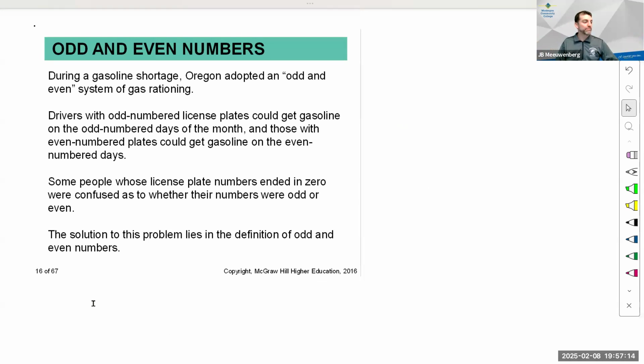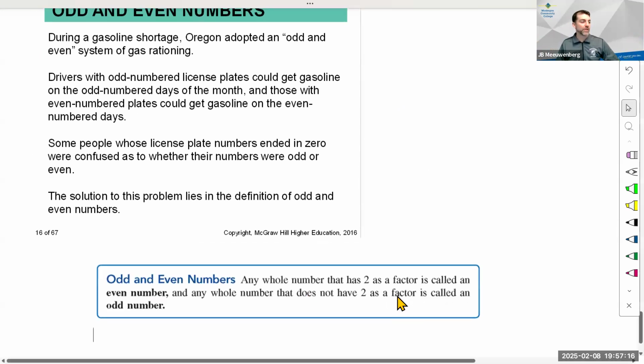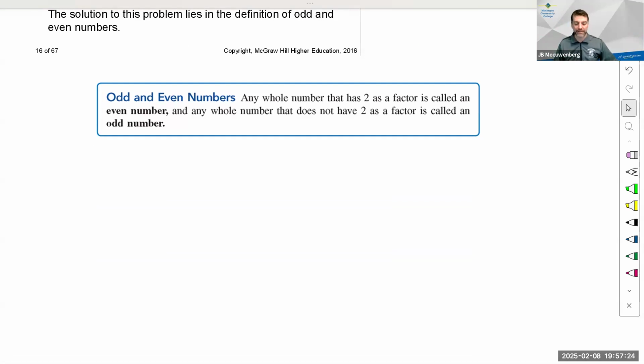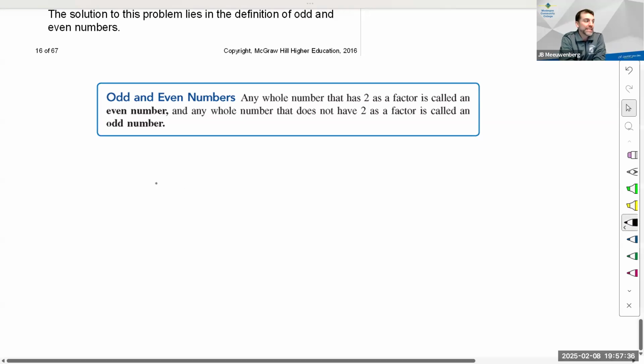So I'm going to share with you the definition of even and odd numbers. Take a moment, read this, digest this definition. Any whole number that has 2 as a factor is called an even number.